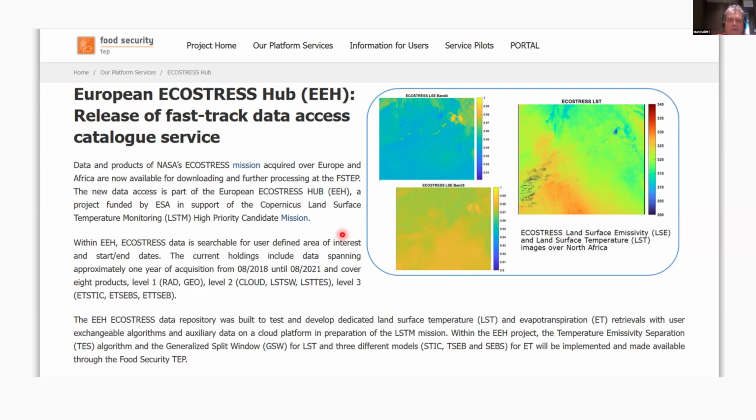And that's why I include this slide here, because you can see highlighted here, these three models, STIC, which I don't know so well. TSEB and SEBS I know much better. These are surface energy balance approaches, and this is the approach the European EcoStress Hub has decided to take to estimate ET and ESI.